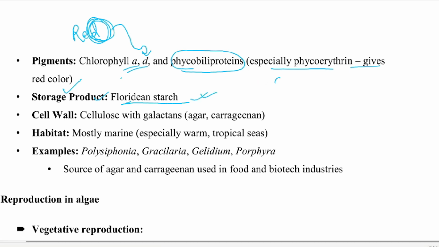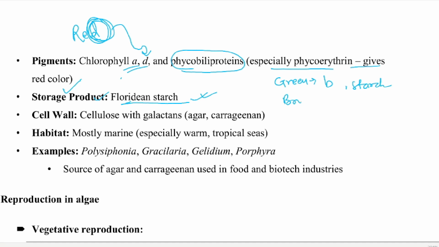If I just make you repeat that, green algae with B is the main chlorophyll pigment, specific chlorophyll pigment with starch as a reserve food material in it.